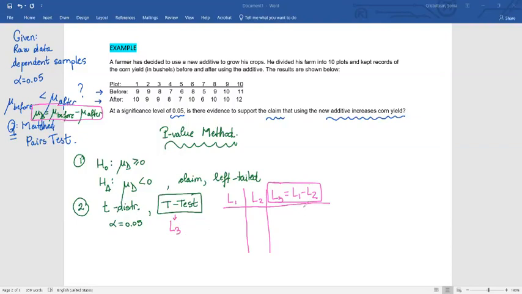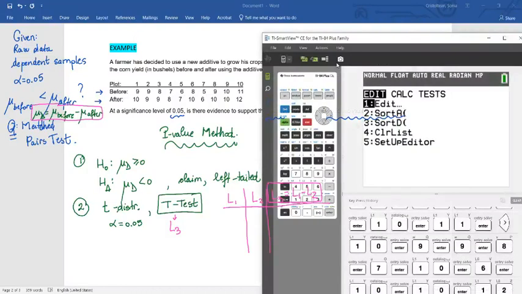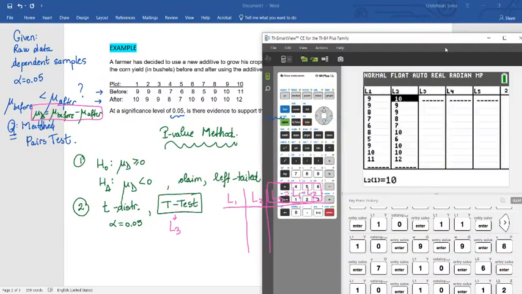So let's take the calculator and do so. Go to stats, edit, and I have already entered list 1 and list 2 in here. So if I hit enter, you will see that I have list 1 and list 2. So make sure you do the same. You may need to stop the video to enter these values. You have 10 values because you have 10 plots.